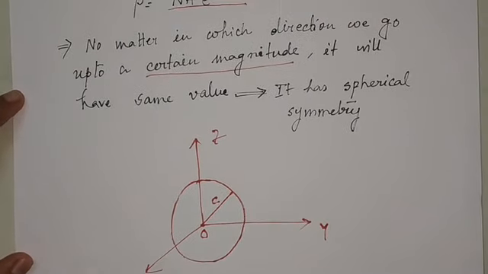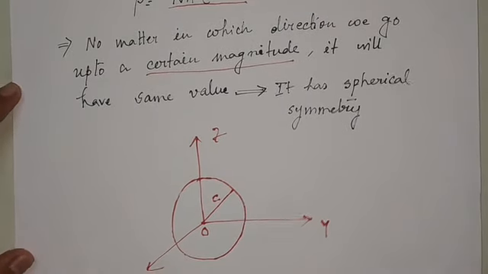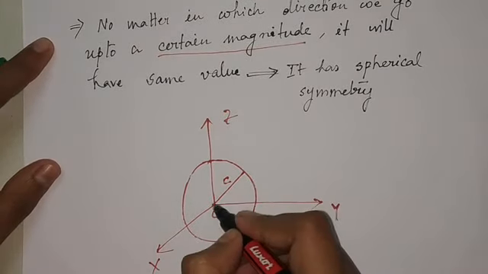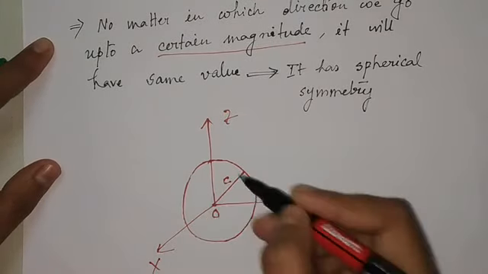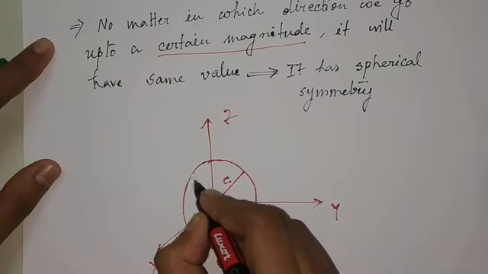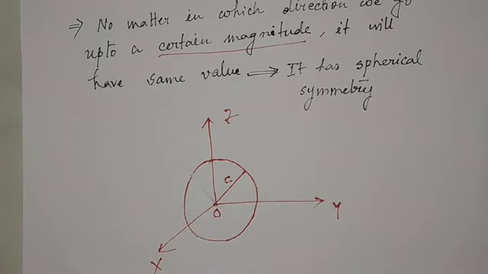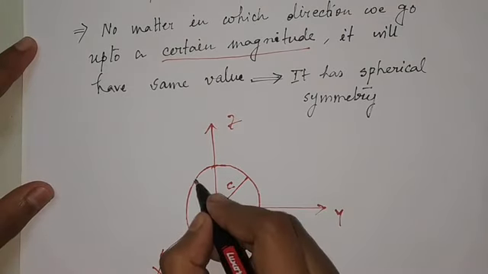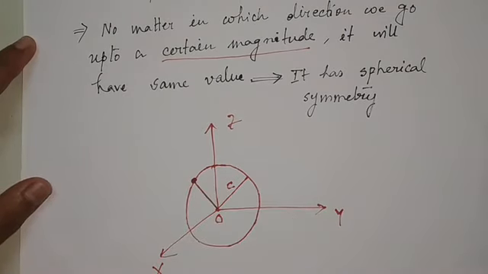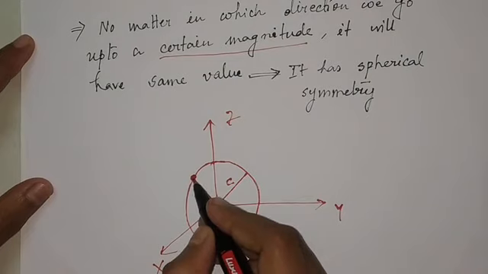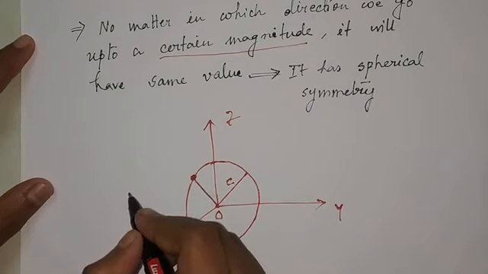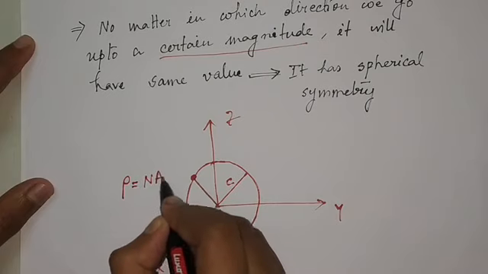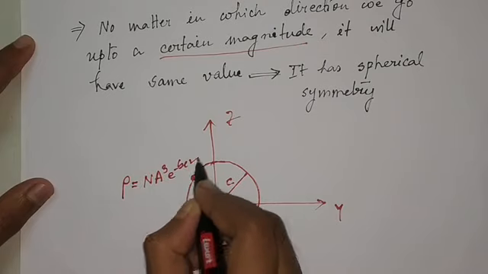So if we draw a sphere of radius c, no matter in which direction we go, suppose in this direction we go up to a certain distance c, then we'll reach the surface of the sphere, and at this point we'll find that the number density rho is given by n a cube e to the power minus b c square.